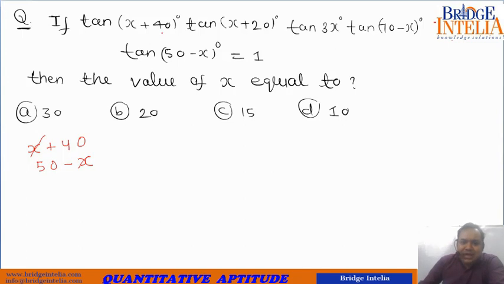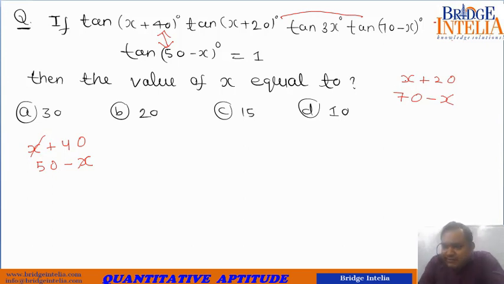So these two are indicative of complementary angles. Same is the case with x plus 20 and 70 minus x. These are given as gifts to you, meant for observant eyes. What you are seeing before you are certain pairs of complementary angles.